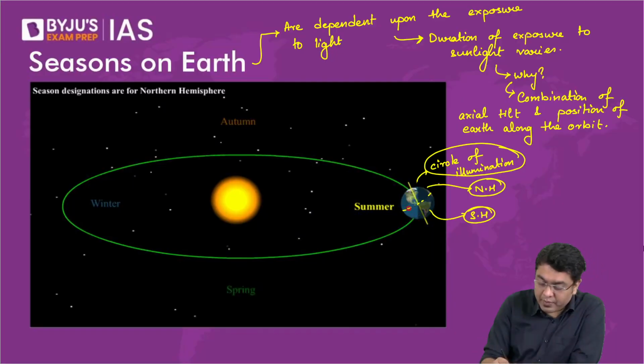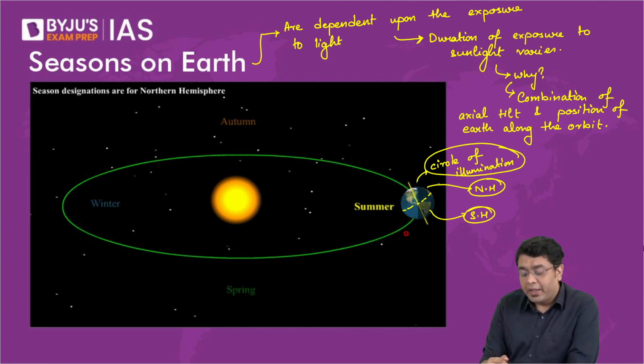So, out of the northern and the southern hemisphere, which one do you think has got a larger exposure to sunlight in this case? What do you think? Which has got larger exposure to sunlight? Clear? Northern hemisphere.